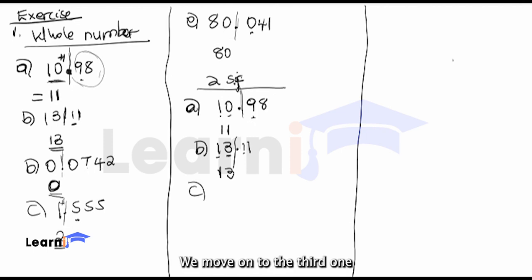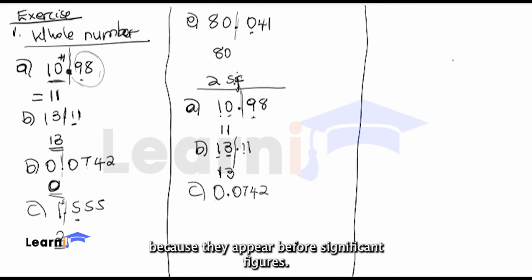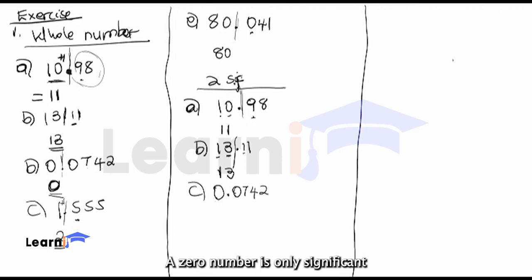We move on to the third one, where we have 0.0742. Now, which are the significant figures? These first 2 zeros are not significant because they appear before significant figures. A 0 is only significant if it appears between 2 non-zero numbers.